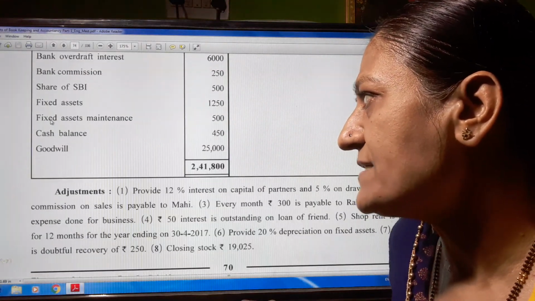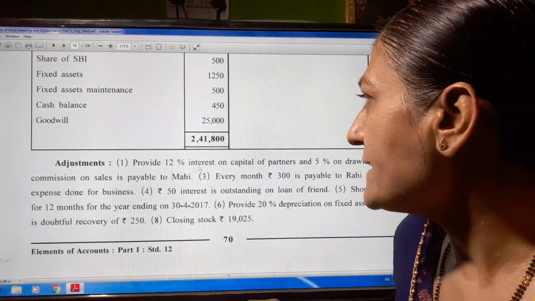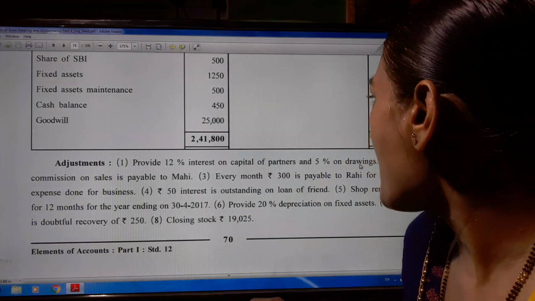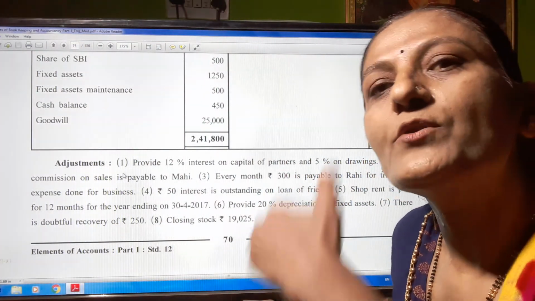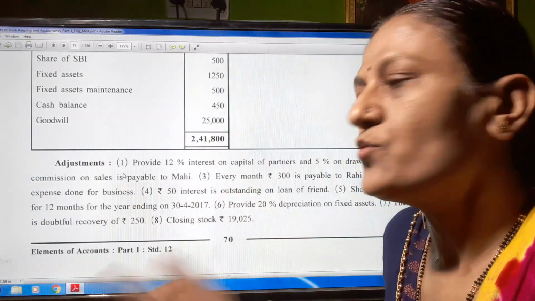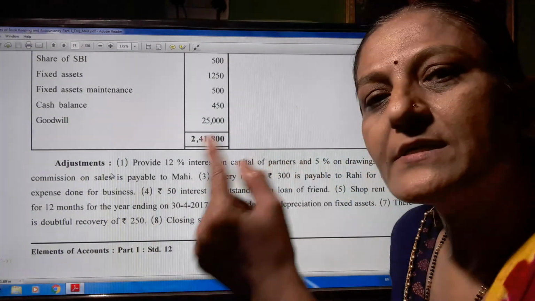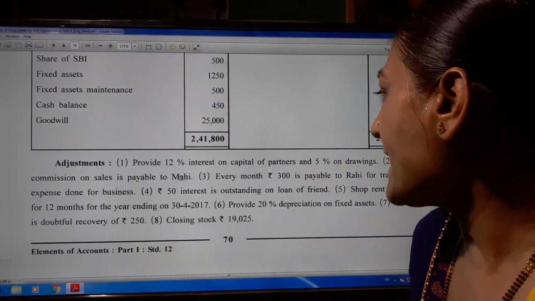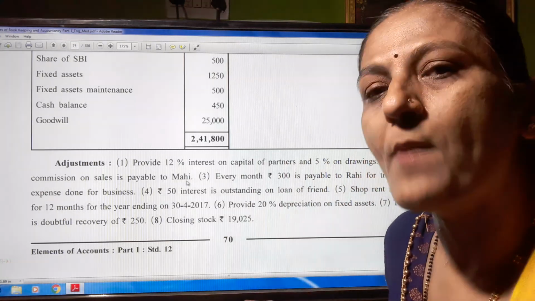Afterward some adjustments are there. First adjustment, provide 12% interest on capital of partners and 5% on drawings. Capital and drawings are already given in the trial balance, and on this amount we have to calculate 12% interest on capital and 5% interest on drawings. Second adjustment, 3% commission on sales is payable to Mahi.